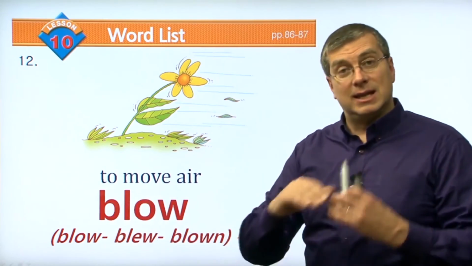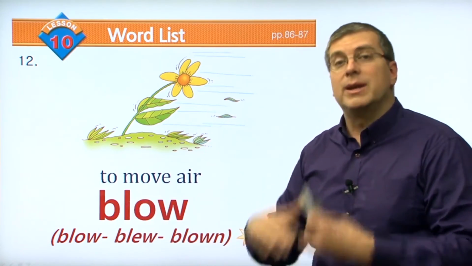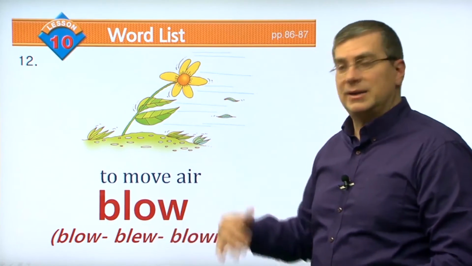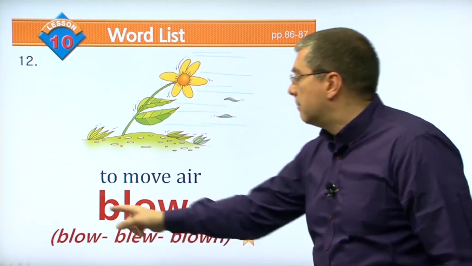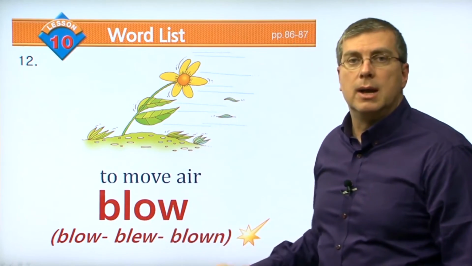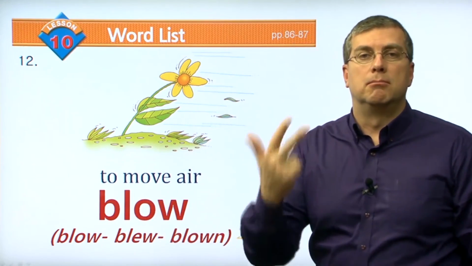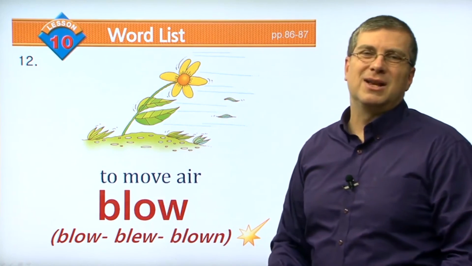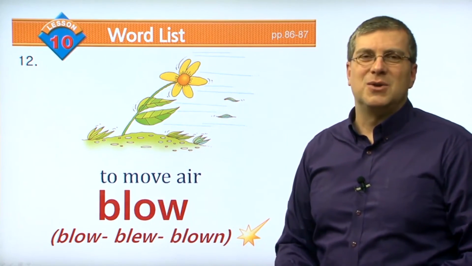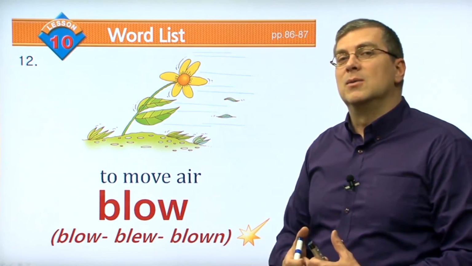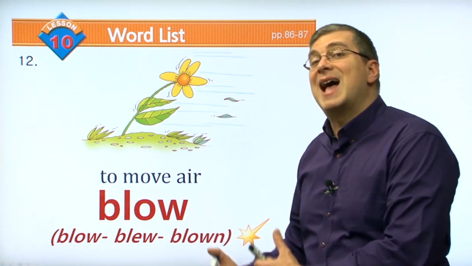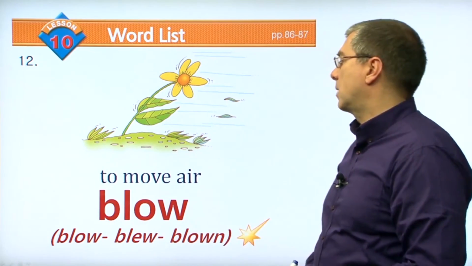When we use it in the present, to blow, that means right now. Blew, past tense. Blown, past participle. Have blown, right? Blow, blew, blown. So in English, some verbs you have to know the different forms when you use them in different time periods. Okay, so blow.